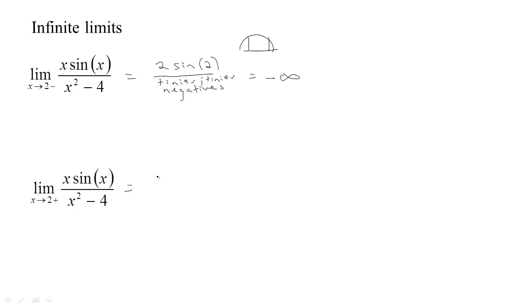On the other hand, if x approaches 2 from the high side, again the top is getting closer to 2 sine 2. And the bottom, if x is a little more than 2 and you square it, that's a little more than 4. A little more than 4, take away 4 would be positive. But the closer x gets to 2, the closer x squared and 4 will be, right?